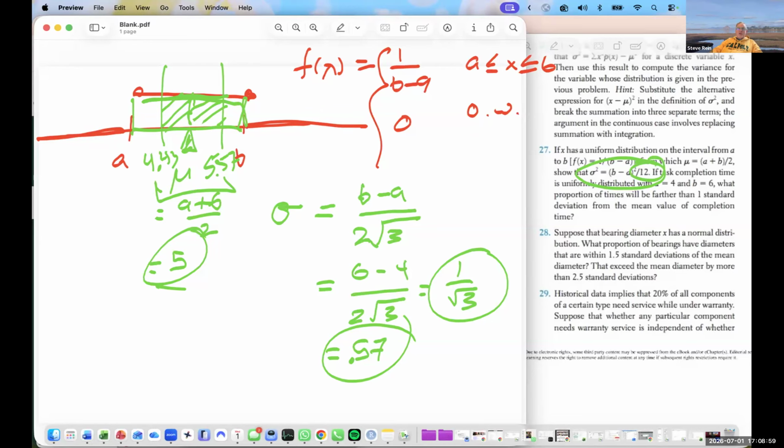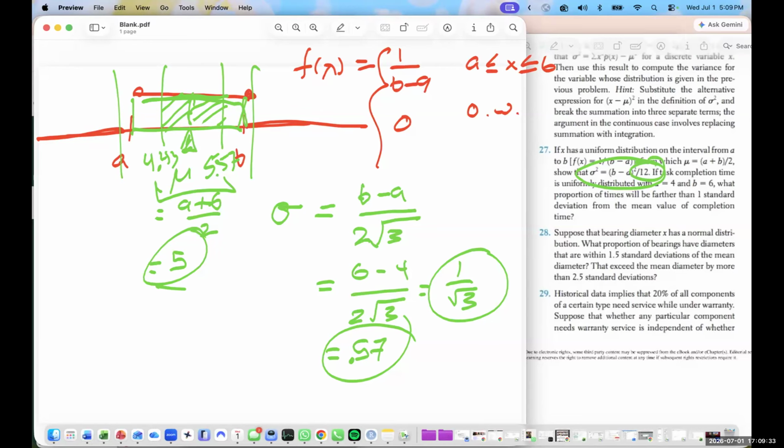I'd recommend being a bit more precise than 0.57, maybe two extra digits. Within 1 standard deviation of the mean, we find the area of that rectangle. Going 2 standard deviations up and down falls outside the distribution entirely, so that area is 100%, or 1.0.